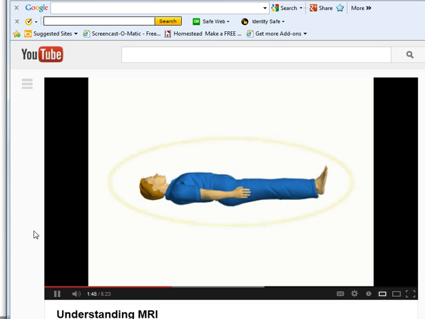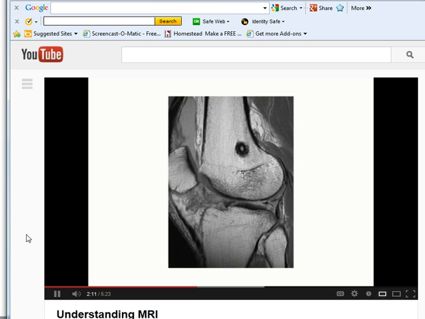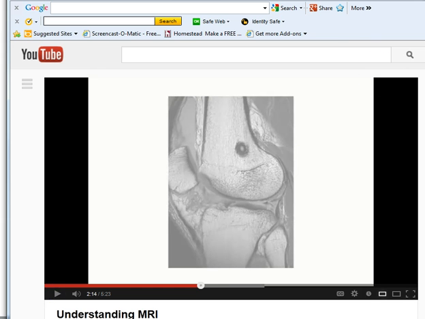A radio wave is then used to excite the proton, which resonate and emit varying signals, which are received, digitized, and displayed as images. Different signals emitted by different body tissues are then used to differentiate individual anatomy. When tissue is damaged, its composition changes and gives off an uncharacteristic signal. So when displayed, that damaged tissue is distinguishable from surrounding healthy tissue.